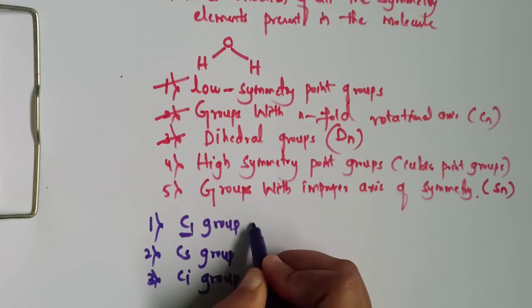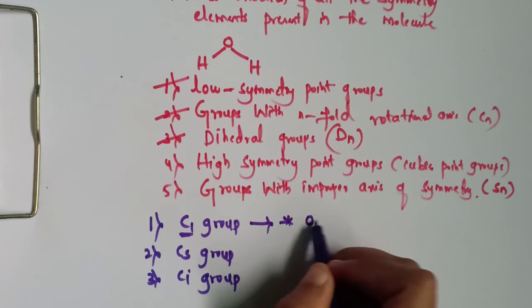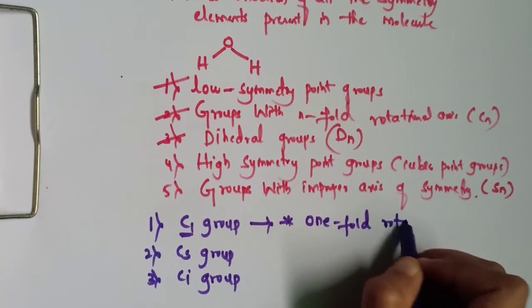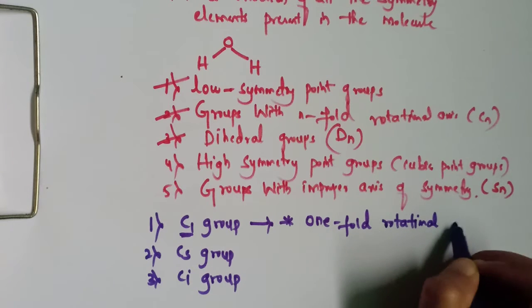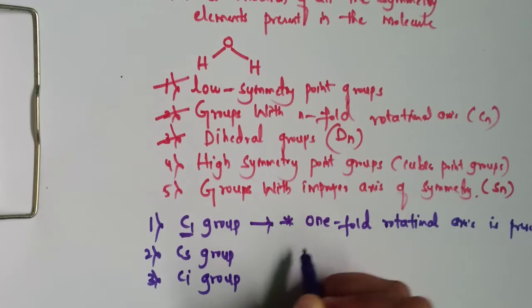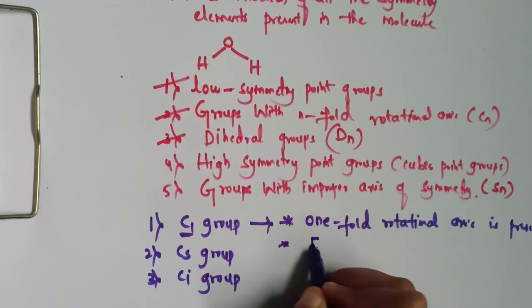So let's learn. I will just write its points. See, it consists of only a one-fold rotational axis. And the second very important point is that there is only one symmetry element, that means identity.